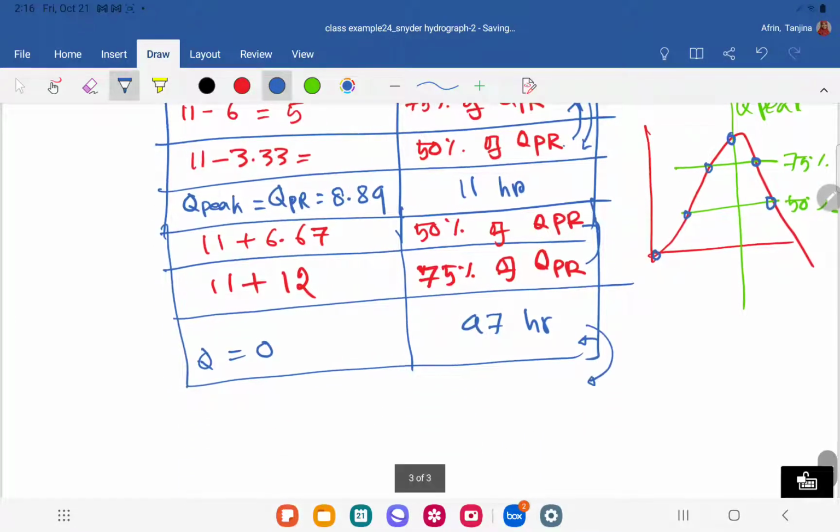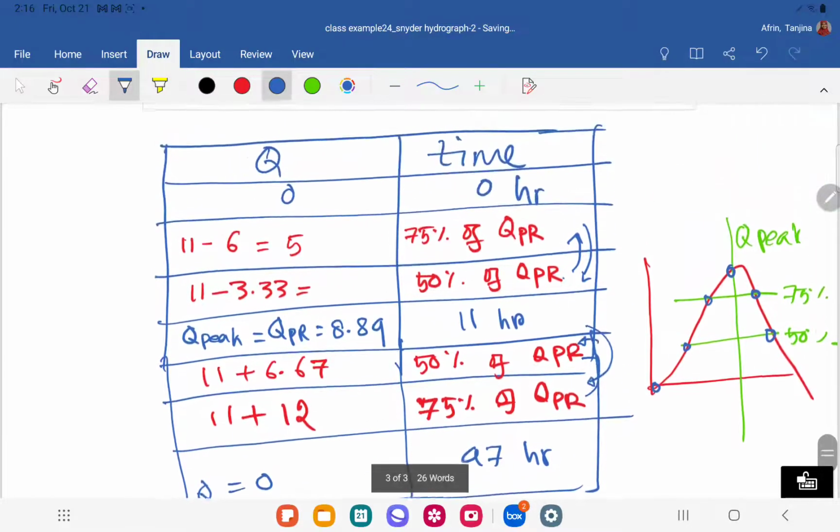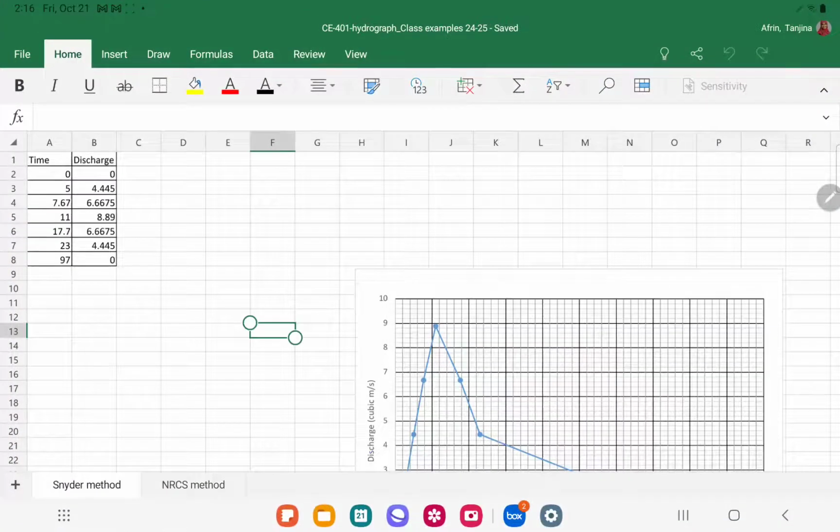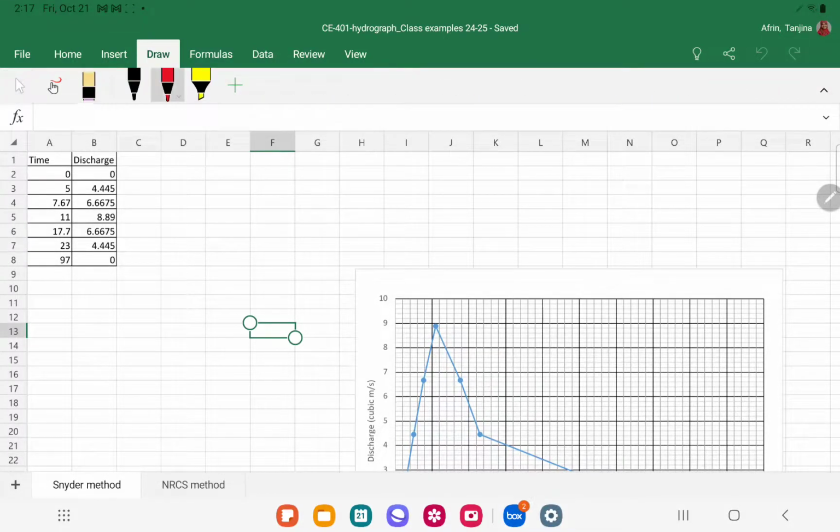Okay, so once we have all of these coordinates, what we will do, we will go to the Excel copy, Snyder method, and what I did, this is the 0 and this is the 0, if you look at that, and this is the 97, very last one, and all of these are like 11 minus 6 and 11 minus 3.33, something like that.